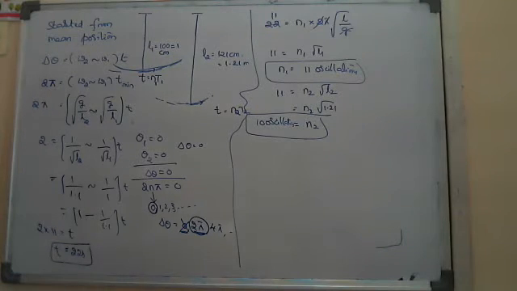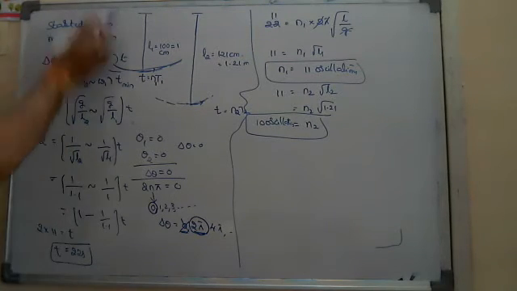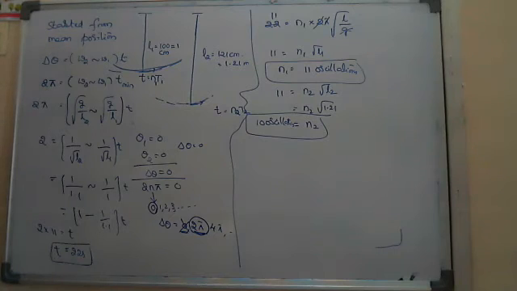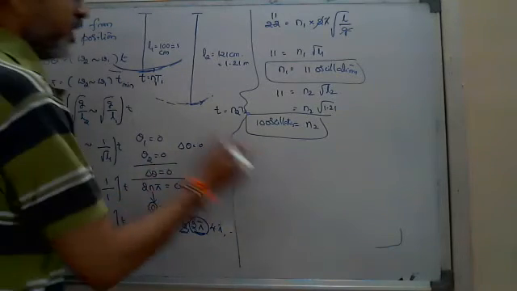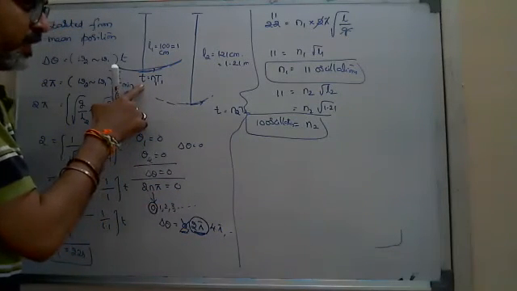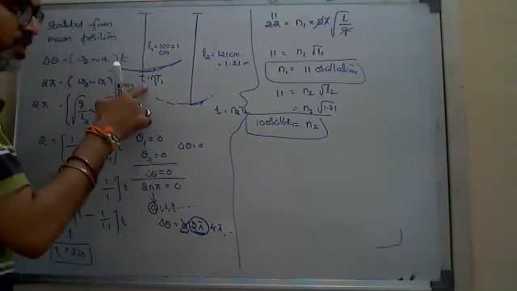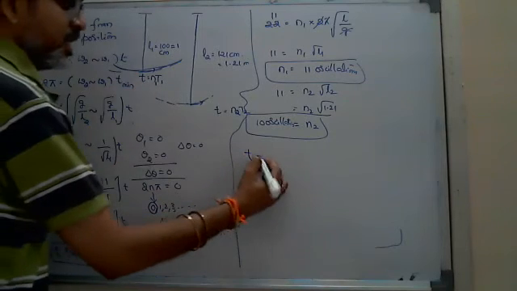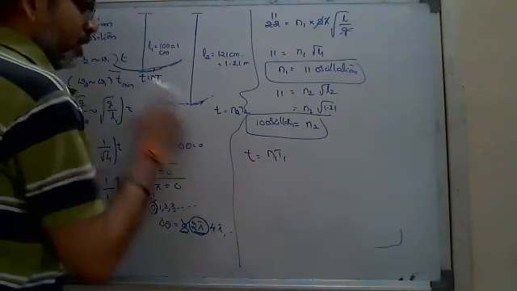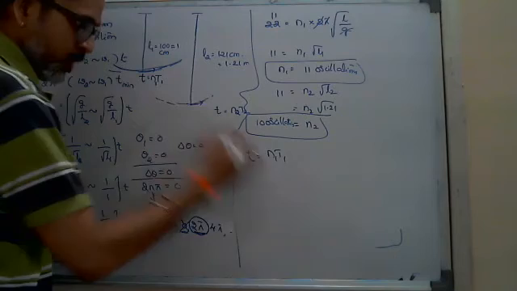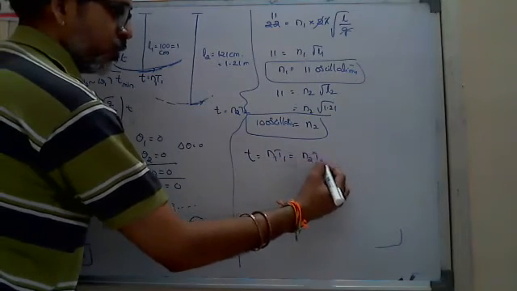Problem: if they ask the number of oscillations, then I can find the number of oscillations without finding out the time. How can you say, sir? Simple, from this equation, T is equal to the time taken to come into the same phase. The condition is n1 t1, that is equal to, again it is also T, n2 t2.